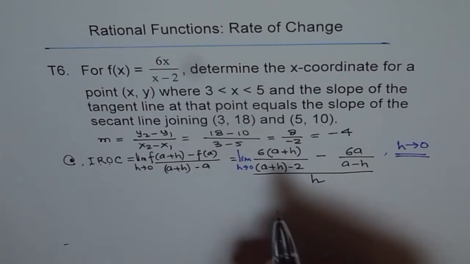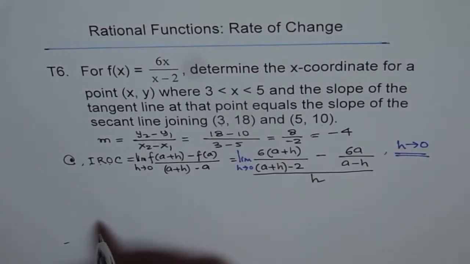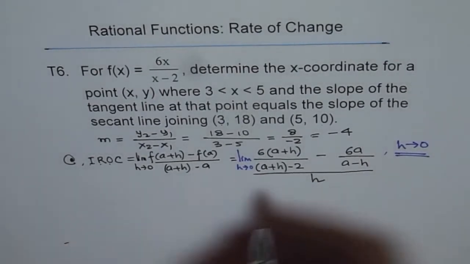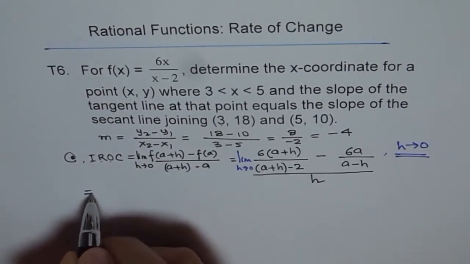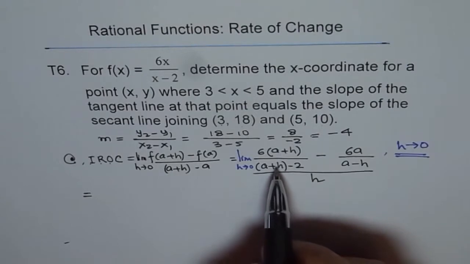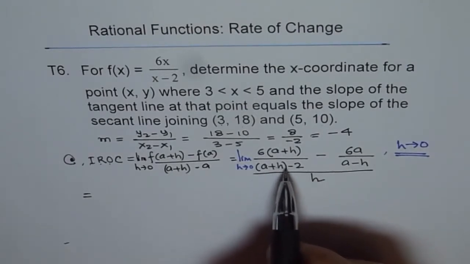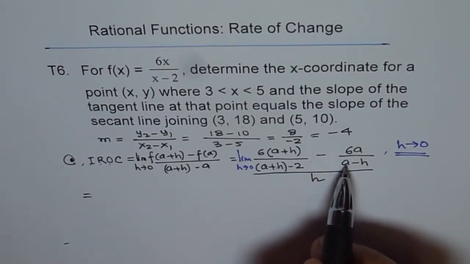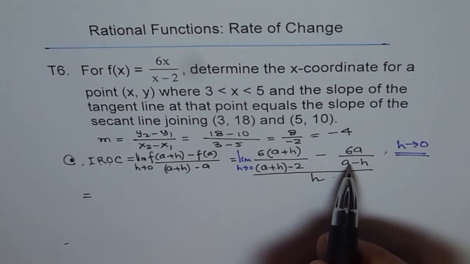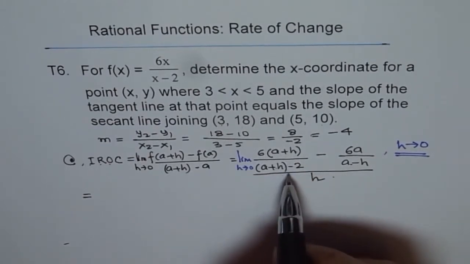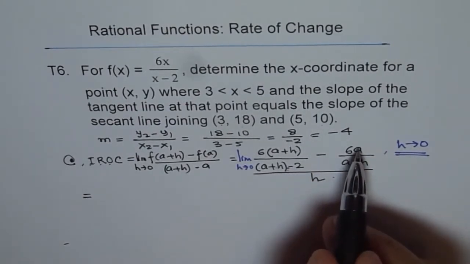Now let's try to solve this kind of a fraction. I need more space here, so I'm starting from this place. Equals to... we'll take a common denominator of a plus h minus 2 times a minus 2. That comes in here and gets cross multiplied with this, and this gets cross multiplied by that.